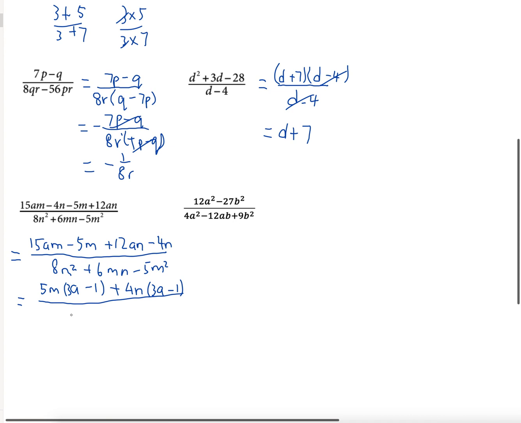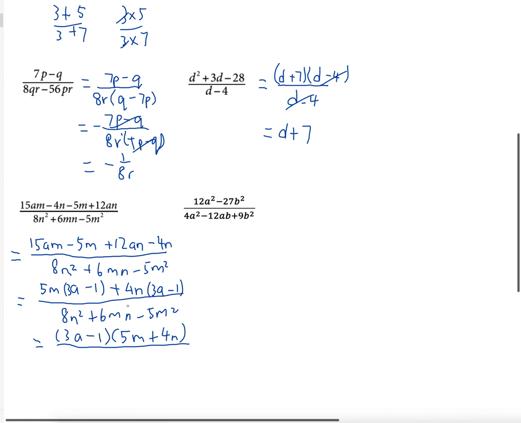Now 3a minus 1 is common. We take it out, and we have 5m plus 4n in the numerator.